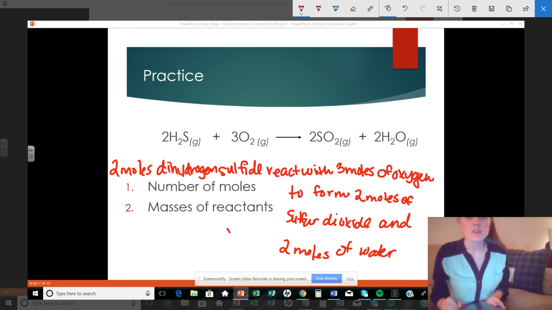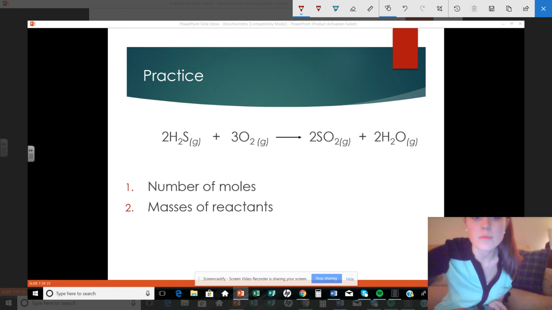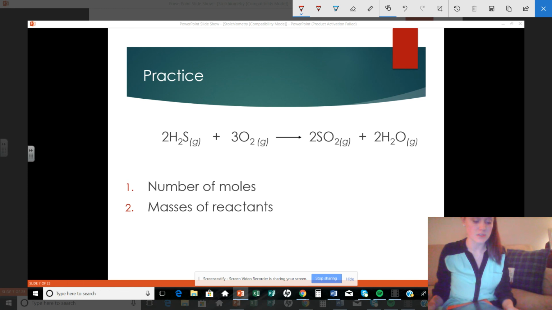So that would be interpreting that chemical equation using moles. Now, if you were to do the same thing using the masses of the different reactants, what you'd have to do is first calculate the molar mass of all of the compounds or formulas in your chemical equation.